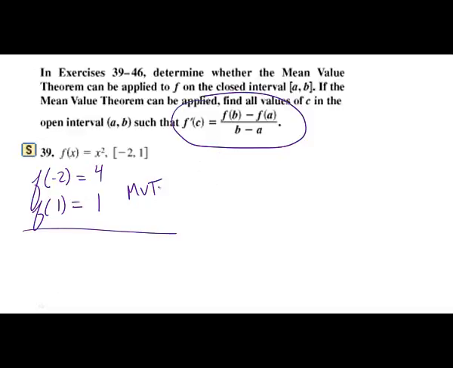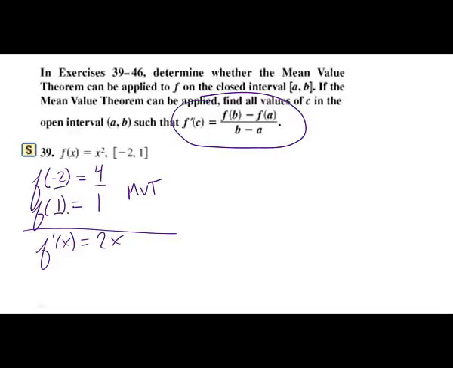I need to find the slope, and I need to set it equal to the derivative. Let's take our derivatives. Let's start there. So f prime of x equals 2x. I have to take that derivative and set it equal to the slope. So let's calculate the slope.